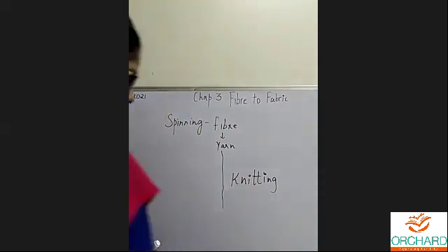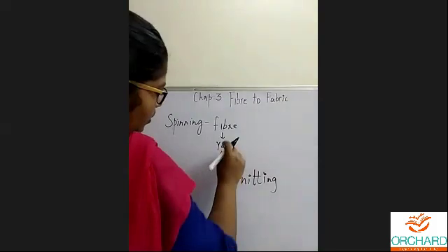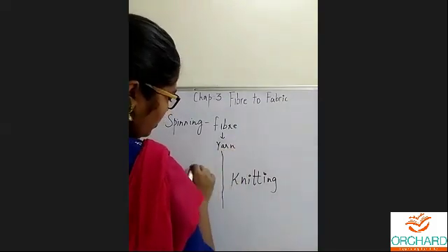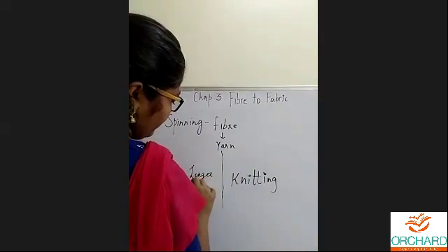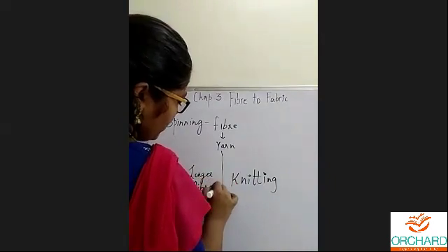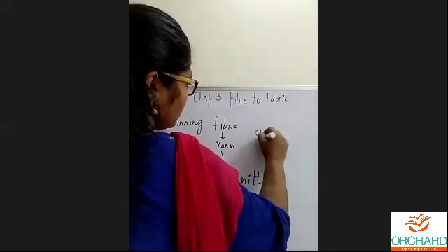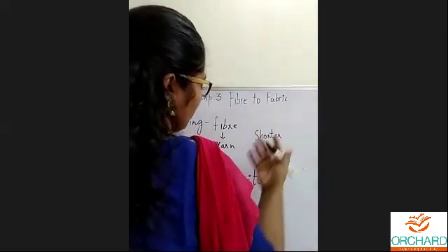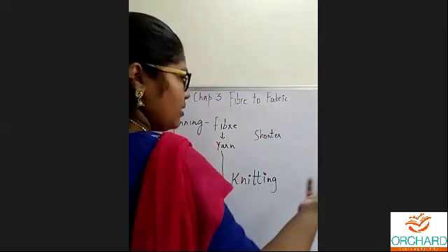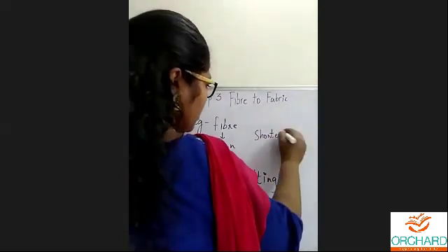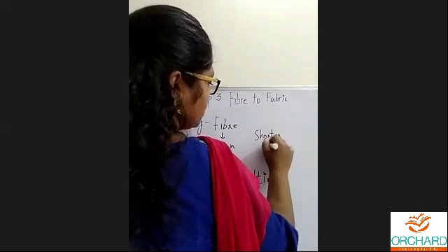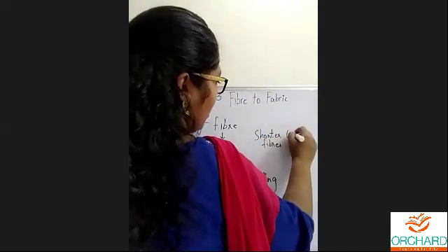Now what will happen? The longer threads undergo knitting and we get woolen garments. But what about the shorter ones? Shorter ones which we cannot use to make a sweater or some other woolen garment, shorter fibers are used for making carpets.